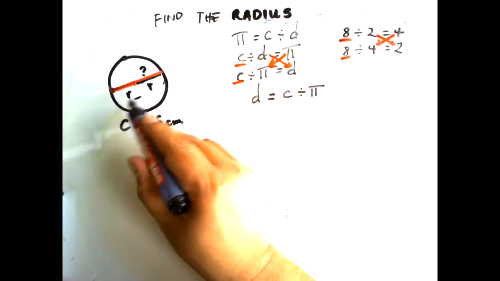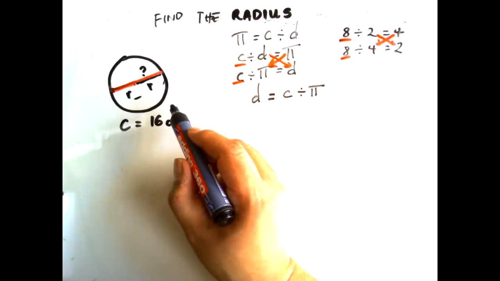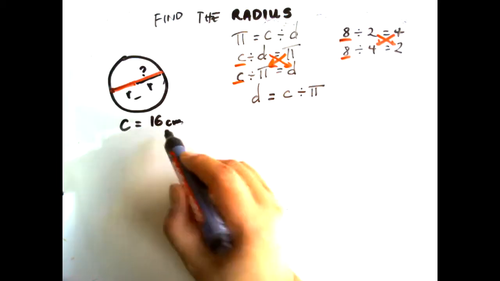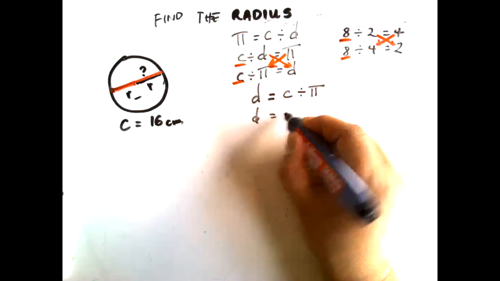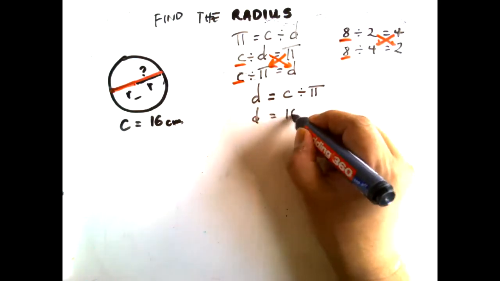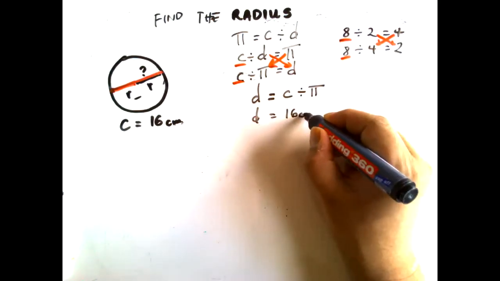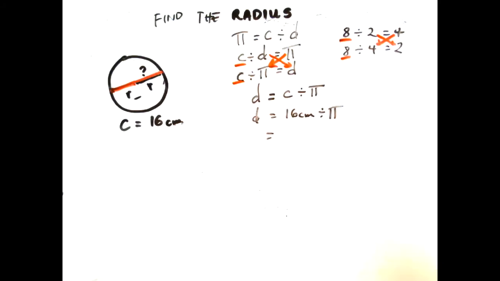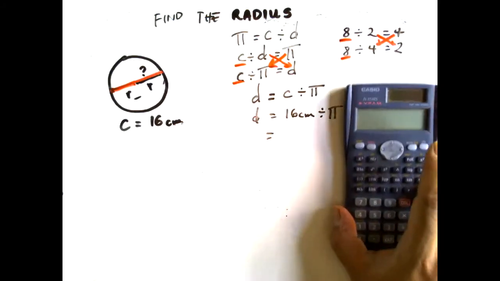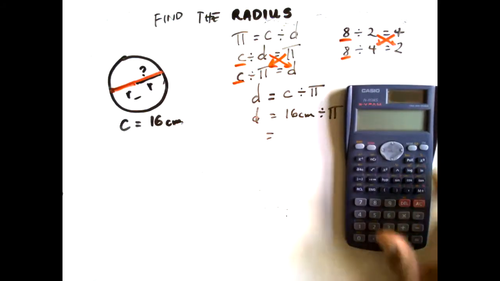So in this instance, we have the circumference. Here the diameter should be, circumference is 16 centimeters divided by pi. Let's look at that in our calculator.